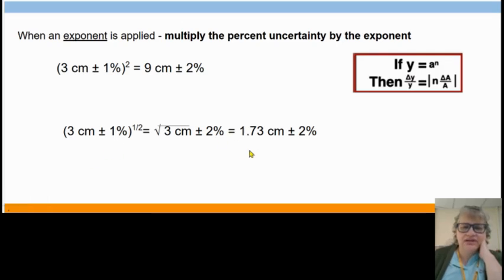I noticed that these are wrong. I have 1 times 1/2, so this should be 0.5. So I have the square root of 3. When I do that in my calculator, I get 1.73 centimeters. And then it should be plus or minus, take the 1/2 times the 1, you get 0.5.